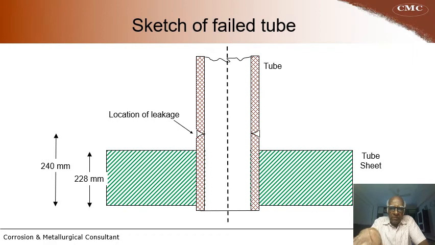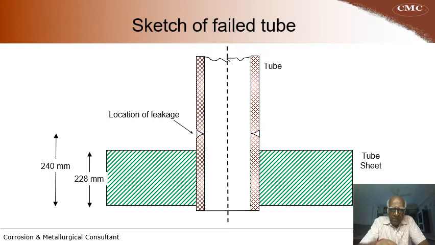This is a sketch of the failed tube. You can see the tube sheet, which is a plate of about 228 mm thickness, and the tubes are drilled and expanded into the tube sheet. You can see the position of the leakage is about 240 mm from the tube sheet outside surface.